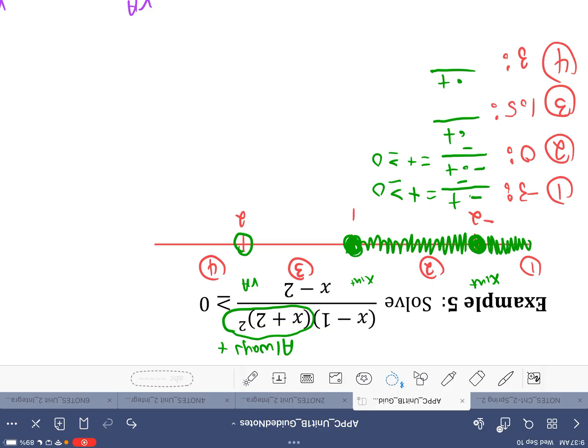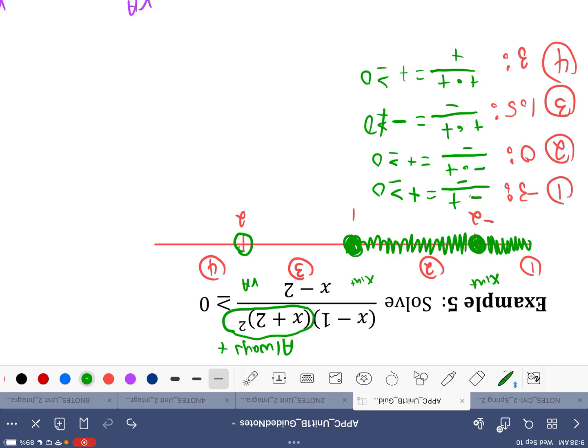Okay, 1.5, awkward to plug in. 1.5 minus 1 is positive, 1.5 minus 2 is negative. So I have a positive over a negative. Am I shading? No. And then 3, positive, positive. It's positive. Am I shading? Yes. Are there questions about how we got the shading?